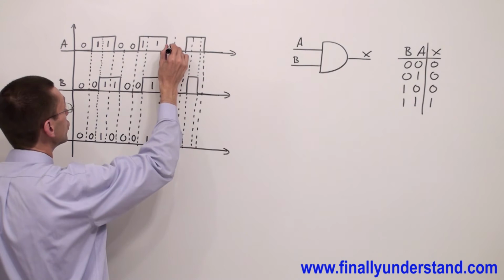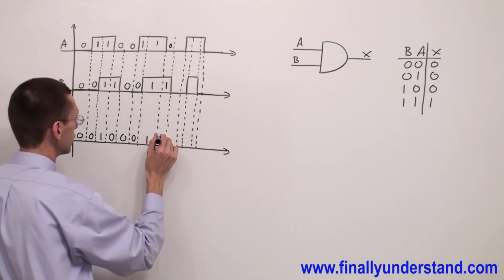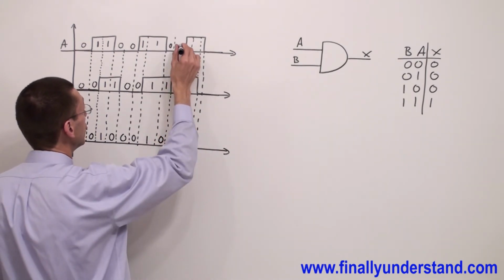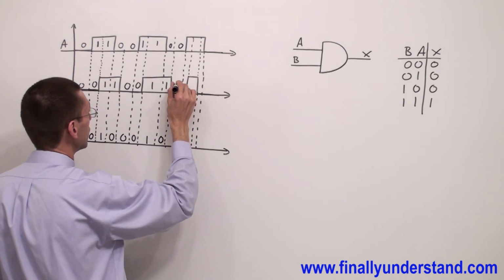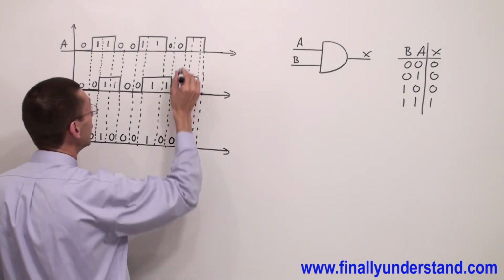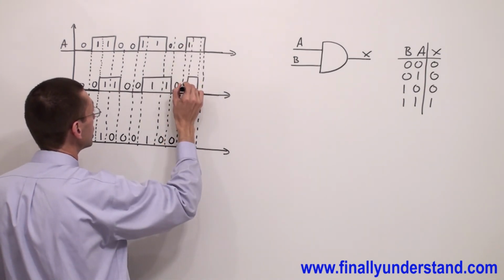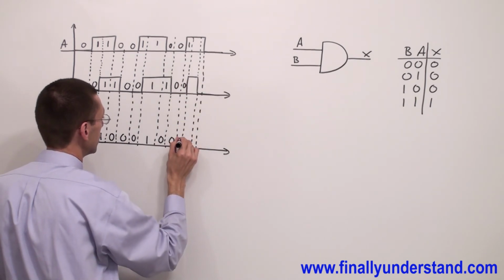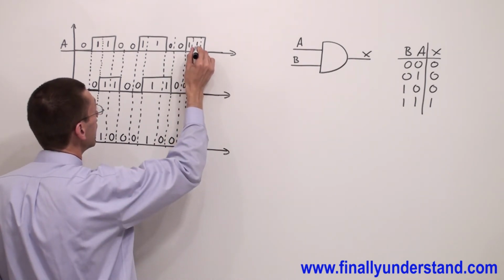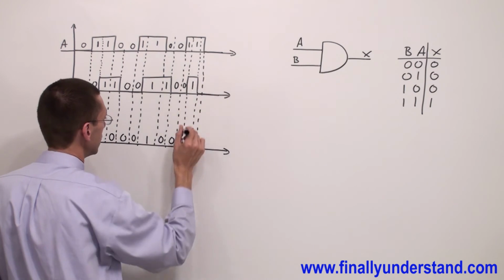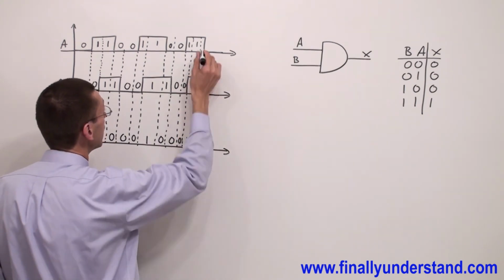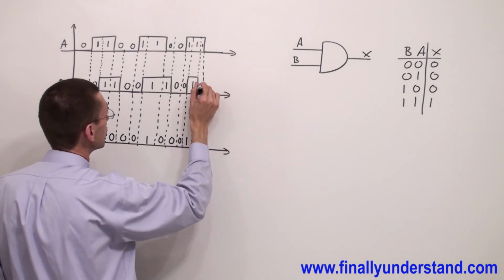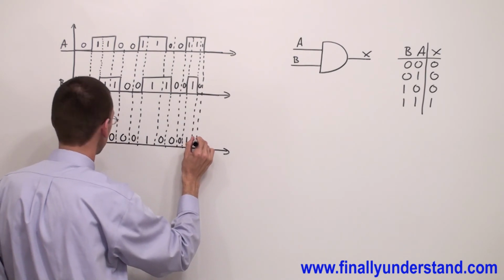And I have 0 times 1 gives me 0. 0 times 0 gives me 0. I have 1 times 0 gives me 0. And I have 1 times 1 gives me 1. And I have 1 times 0 gives me 0.